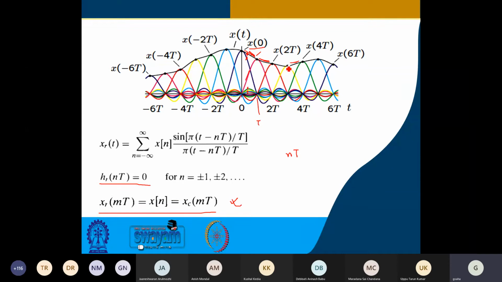So this one contributes over here. This one also contributes. Of course, the further it is, the contribution here is diminishing in nature. You have seen that slowly this sinc function, as you go further, its magnitude is diminishing. So the one which is very far has very little contribution here. So nearer ones have more contribution, right?